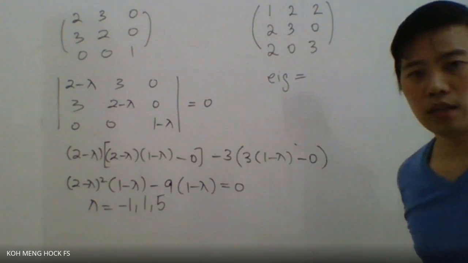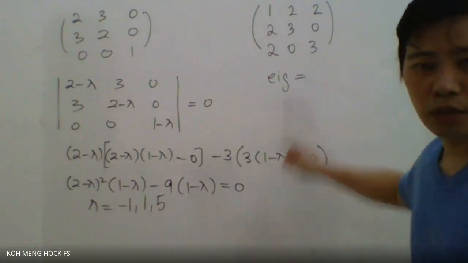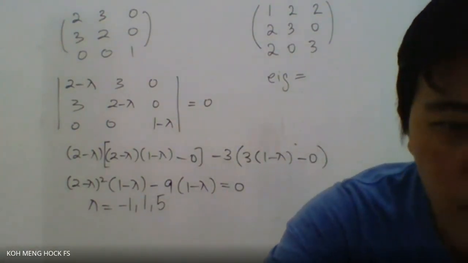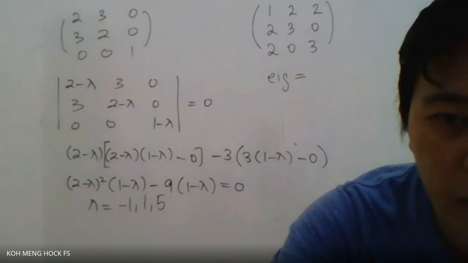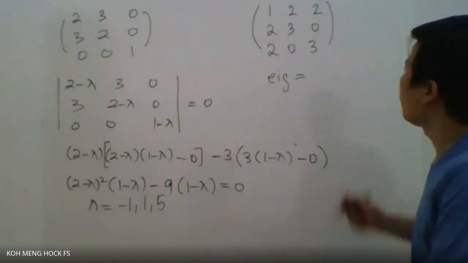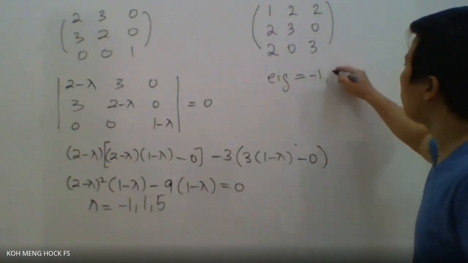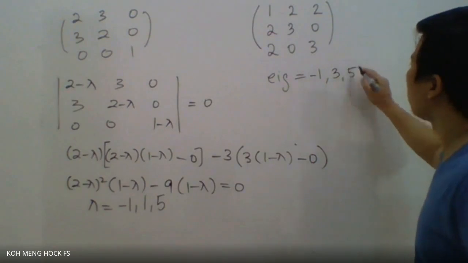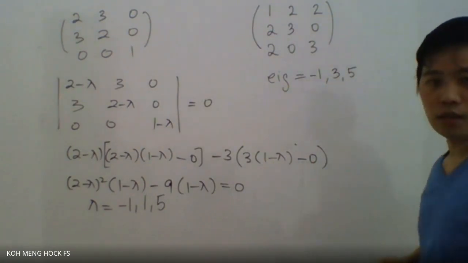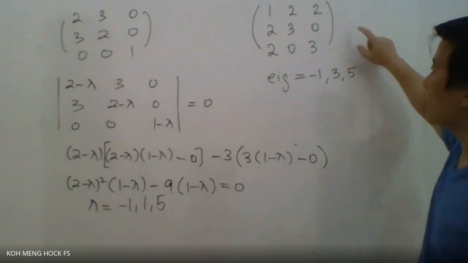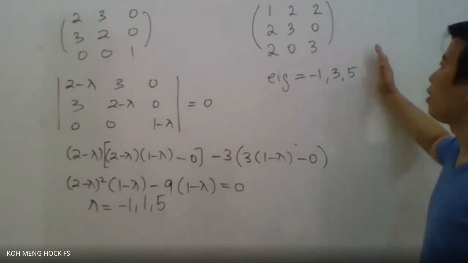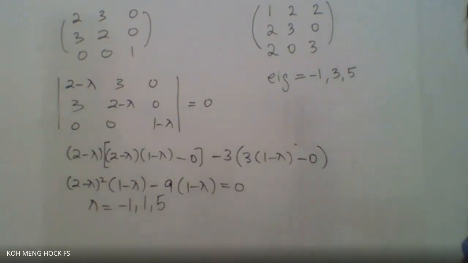Now, if you do the second one, what do you have? Who got the answer already? You should get -1, 3, 5. The second one, if you diagonalize and find the eigenvalues, is -1, 3, 5.